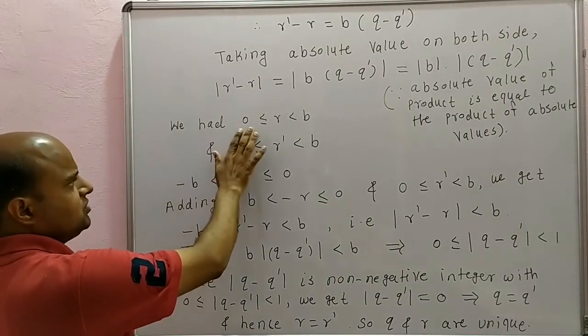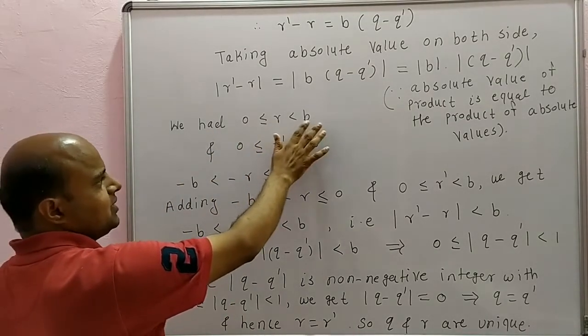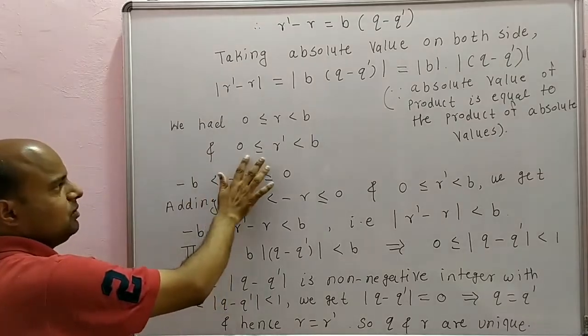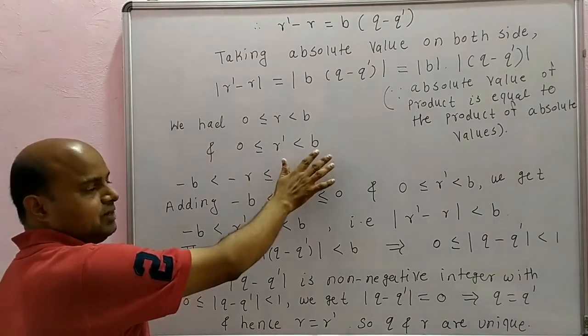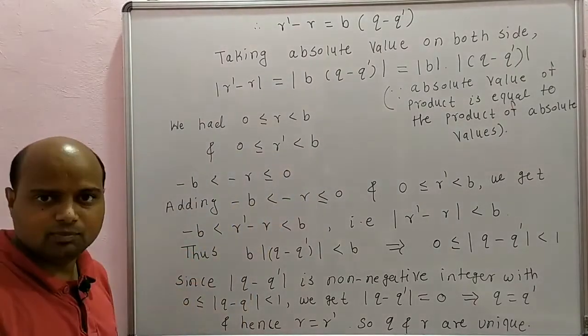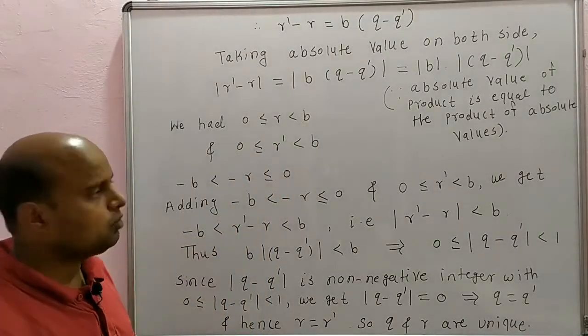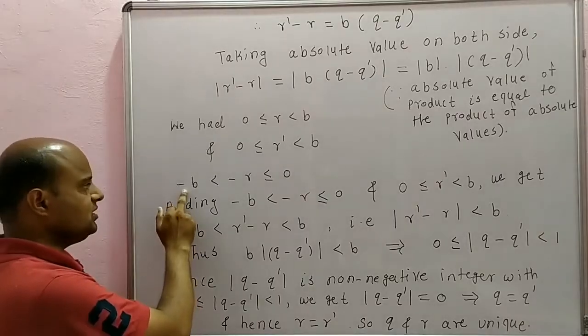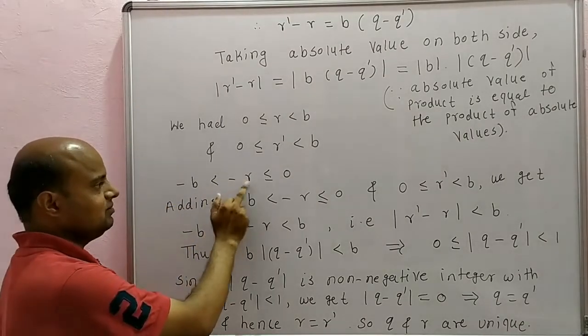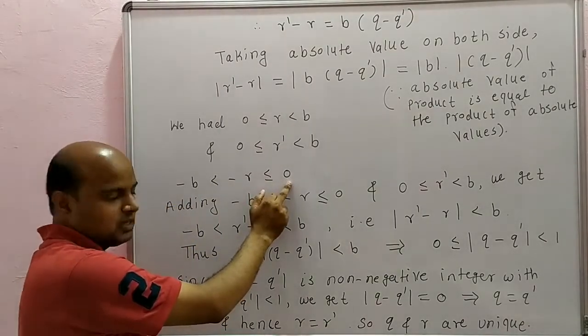We had 0 ≤ R < B and 0 ≤ R' < B. I multiply the first inequality by −1, so we get −B < −R ≤ 0.